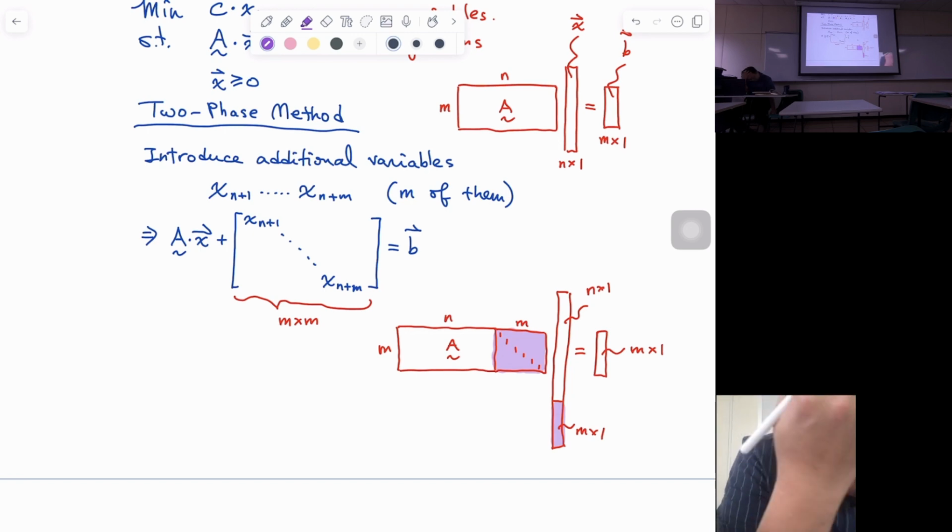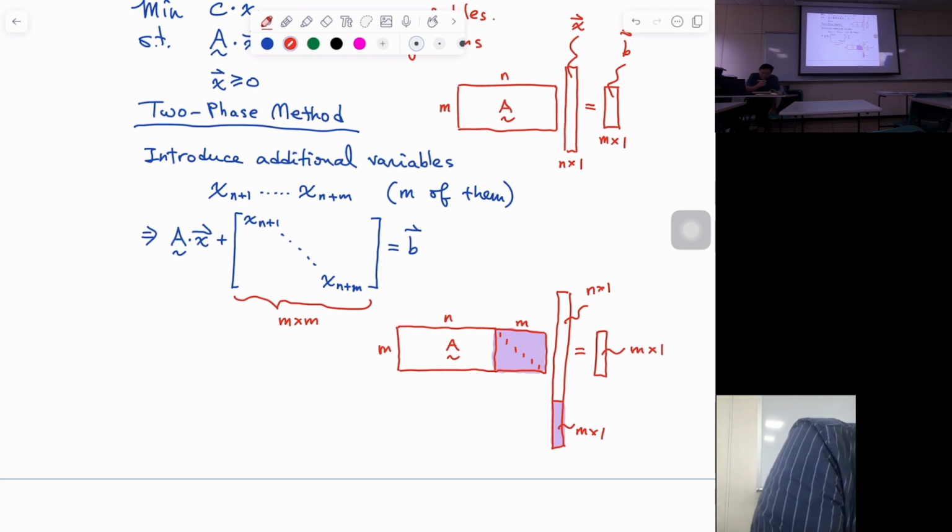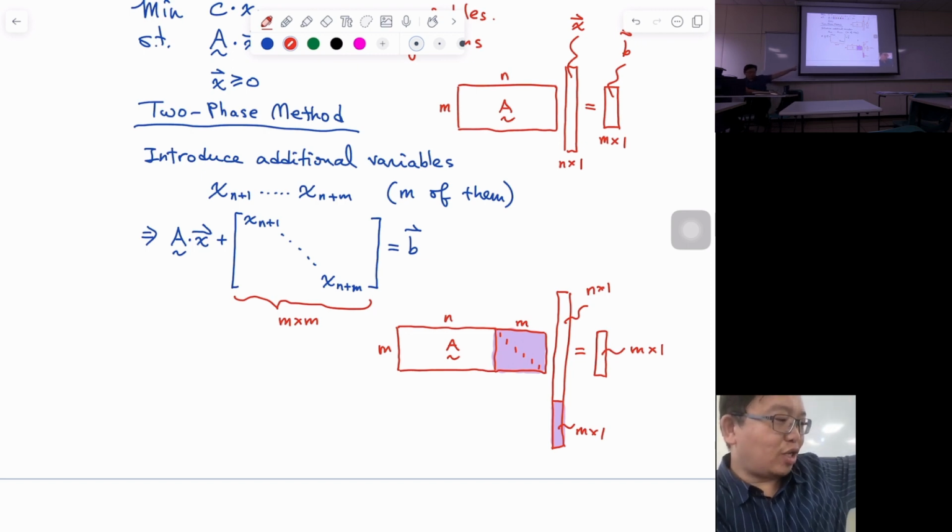Okay? And they can be 0, because that does nothing. Actually, you don't want them to be 0. You want the original ones to be 0.